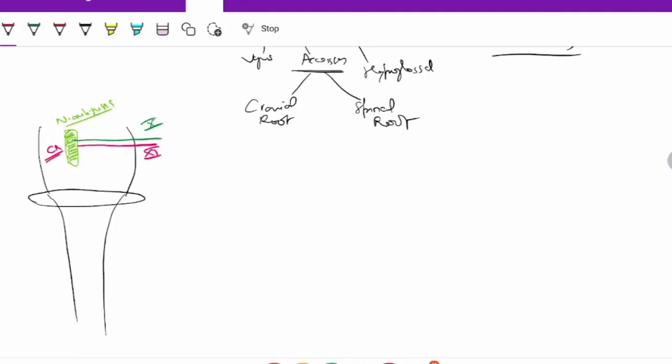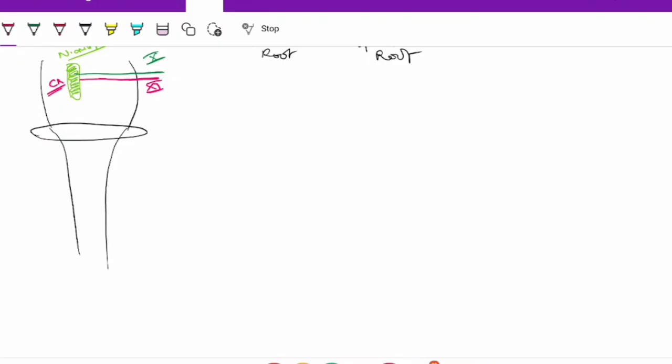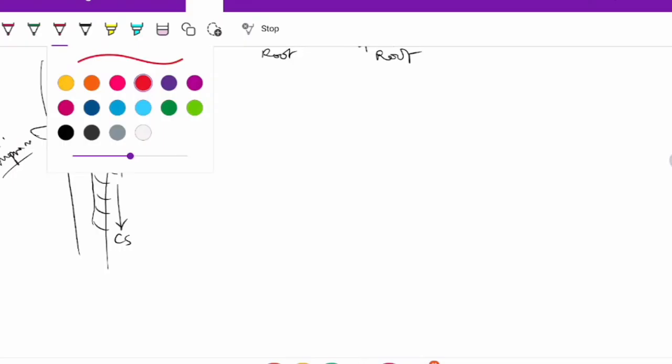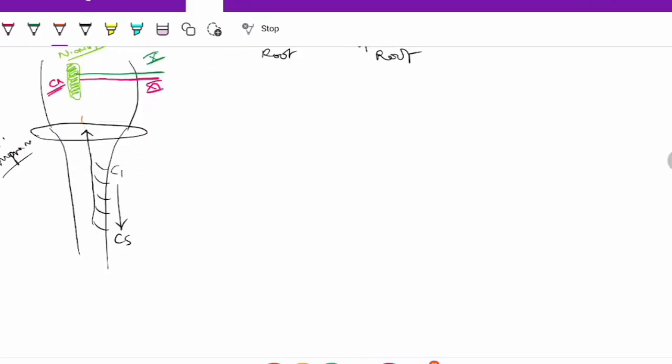So you must be wondering, what about the spinal root? The spinal root comes from C1 to C5 spinal nerves. They give off branches, C2, C3, C4, C5, and these branches go up through the foramen magnum into the skull, and then they travel along with their cranial counterpart.